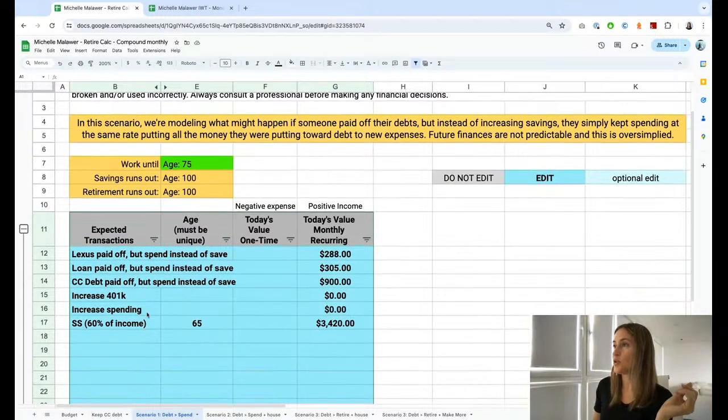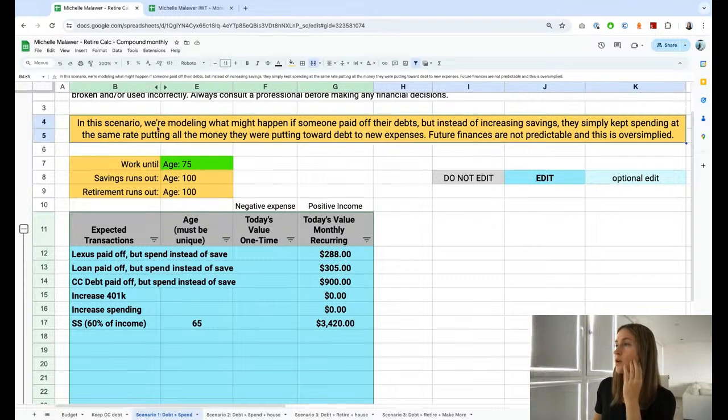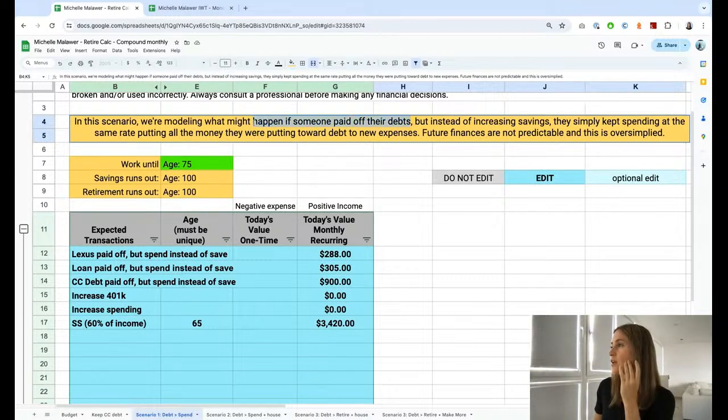Let's move on to a new scenario. In this scenario, we're going to model what might happen if someone paid off their debts, but instead of increasing savings, they simply kept spending at the same rate, putting all of the money that they were putting toward debt to new expenses. Disclaimer, future finances are not predictable, and this is way oversimplified with potentially calculation errors, et cetera.